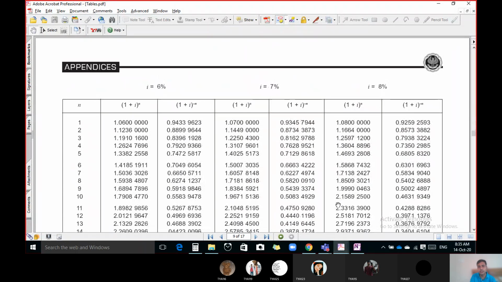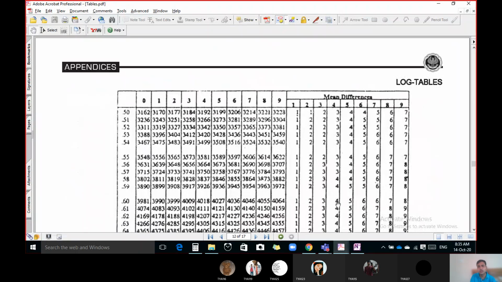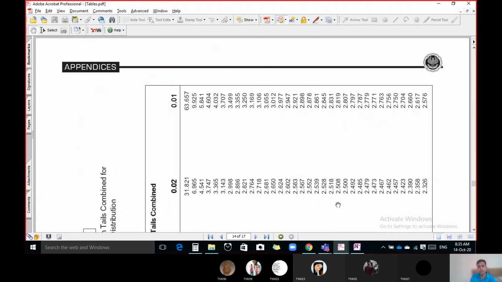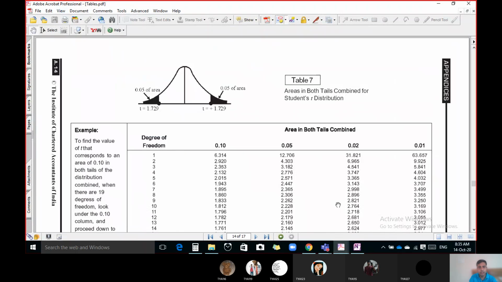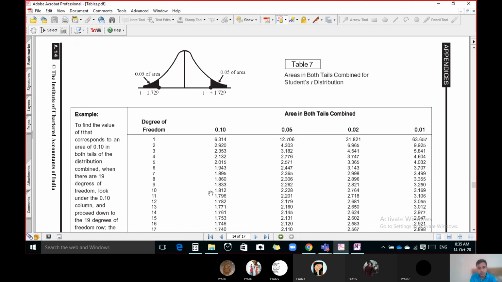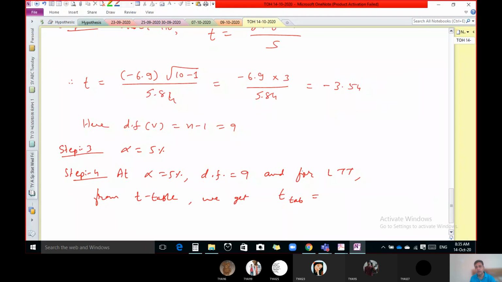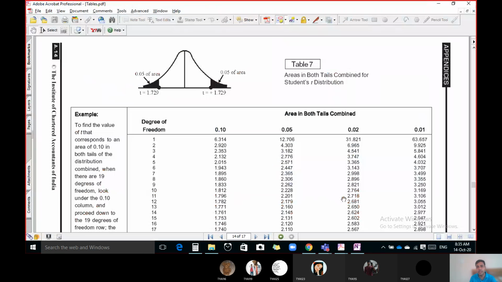Because it's a left tail test and our table is for two tail, we have to see in 10%. Degree of freedom is 9, so the value is 1.833. Because it's a one tail test and this table is for two tail, you have to multiply your alpha by 2. So our alpha is 5%, so we have to see in 10%.